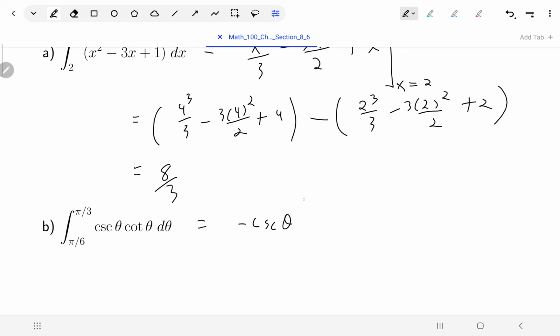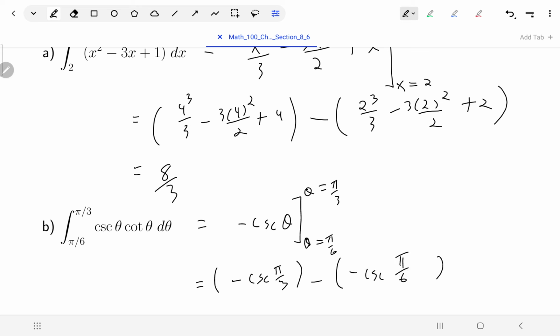And I'm going to evaluate that between pi over 6 and pi over 3. So evaluating the top limit of integration, minus cosecant of pi over 3. And then we subtract evaluating it at the lower limit of integration, minus cosecant of pi over 6.